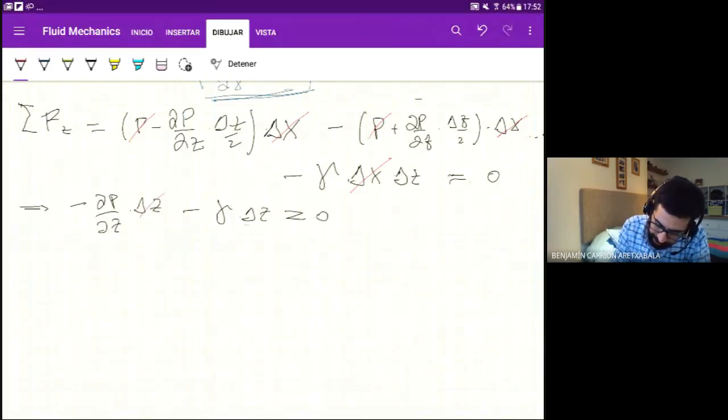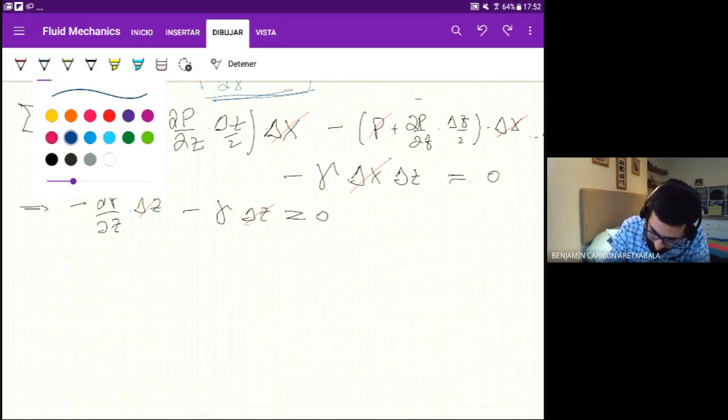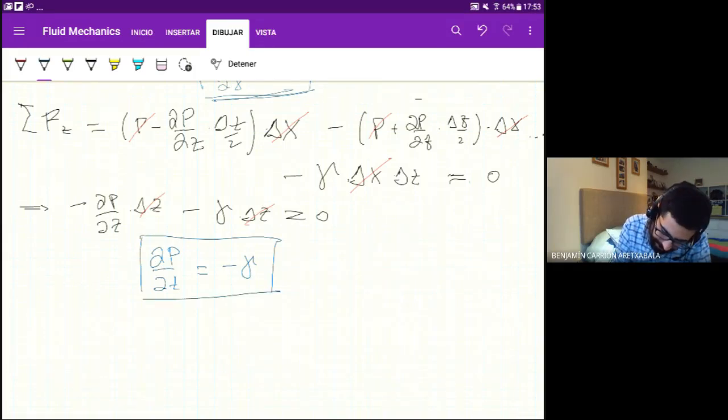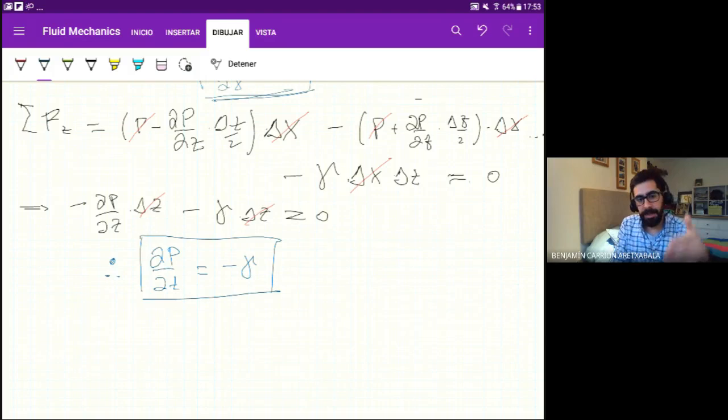Again, we can cancel the delta z, and this is the main result, and it's very, very important. So we get that dP at dz is equal to minus gamma. This is a key finding. What this is saying is that the pressure changes in the vertical proportional to the weight of the fluid.